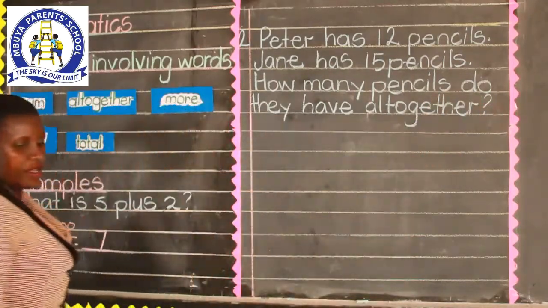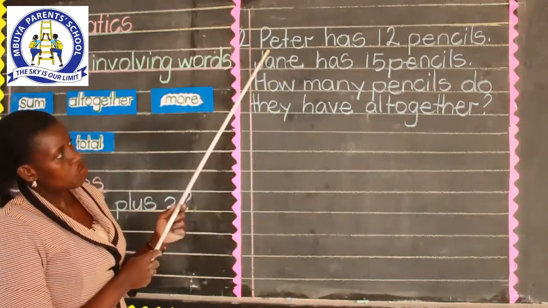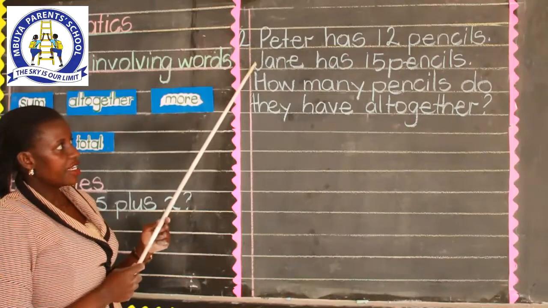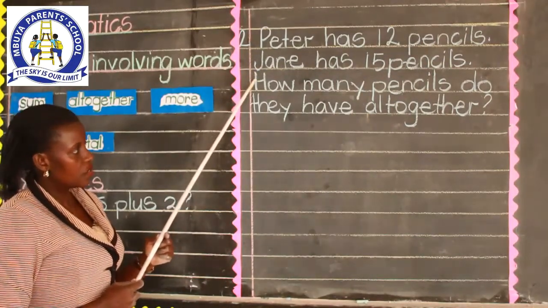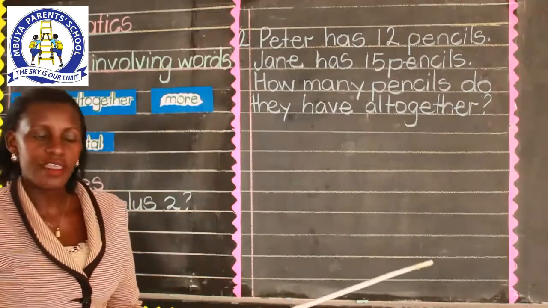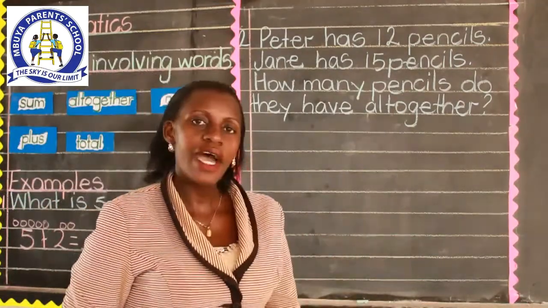Okay, we can as well go through the question together. Peter has 12 pencils. Jane has 15 pencils. How many pencils do they have all together? Say this word, all together, means addition.